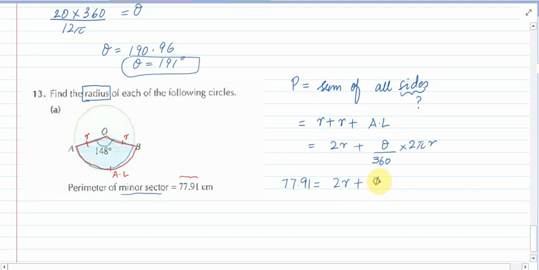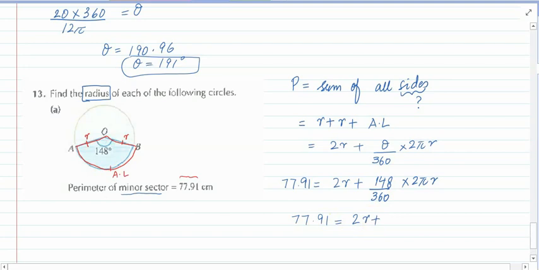So it's 148 divided by 360 multiplied by 2 pi R, right? Now you can see that in this equation there is only one unknown, and that is R. So you need to solve it. On the left side is 77.91 is equals to 2R plus.